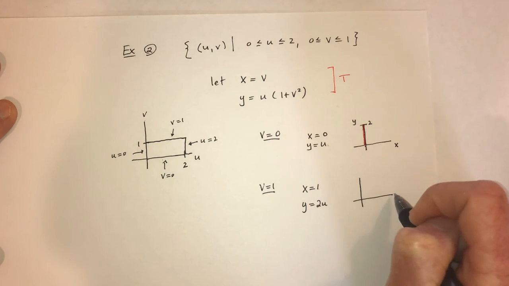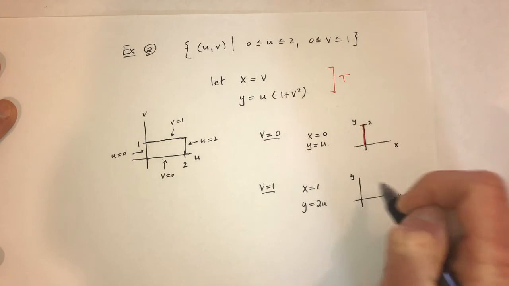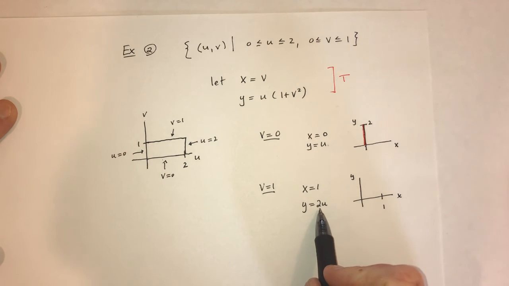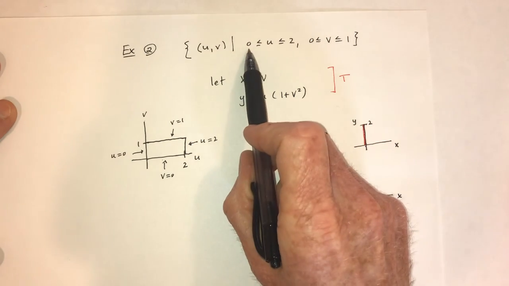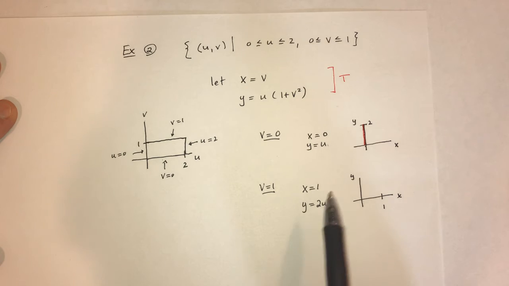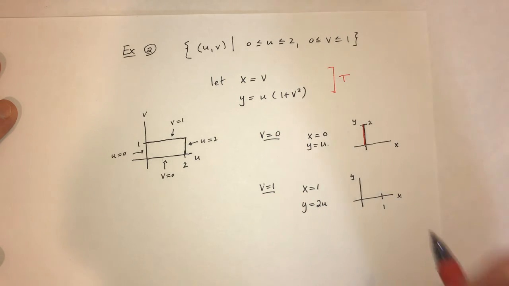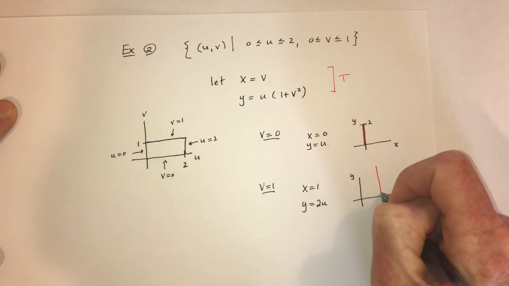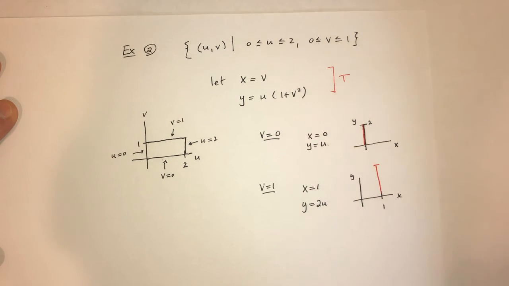So in the xy system, that means you go out to where x equals 1, and then y is going to go twice as far as u did. Well, u used to range between 0 and 2, so if you double that, it's going to go from 0 to 4. So then that is a line segment that is now going up to 4.